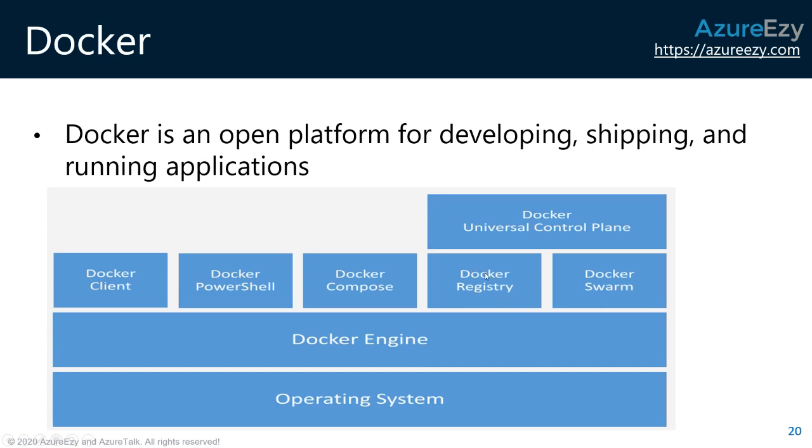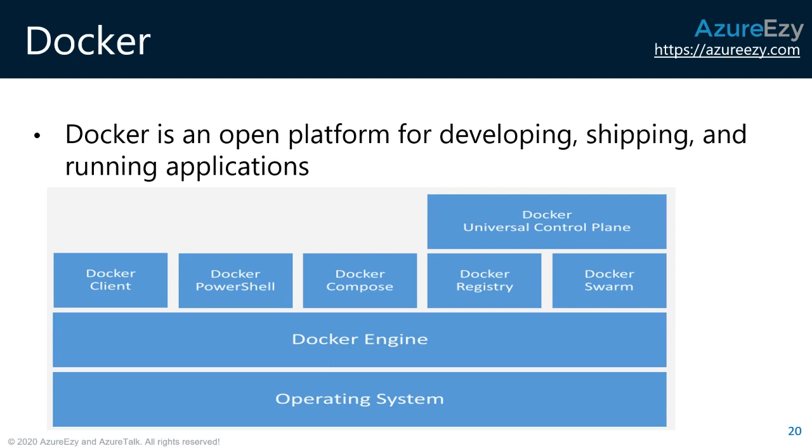Then your Docker registry. You can consider it a software as a service Docker container registry, which serves as a repository, like GitHub where you put your code. Likewise, the Docker registry is a repository where you can put your container images. You compose your dependencies, compose your instructions, create an image, and put it into the Docker registry.